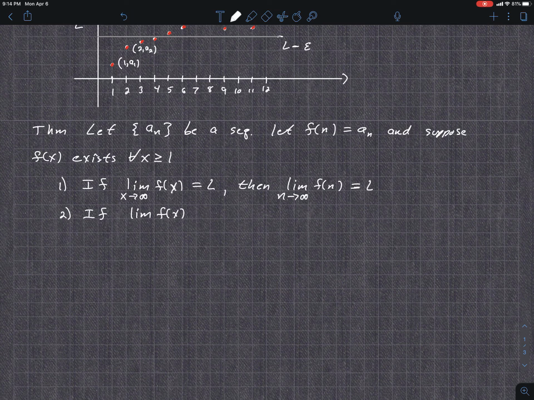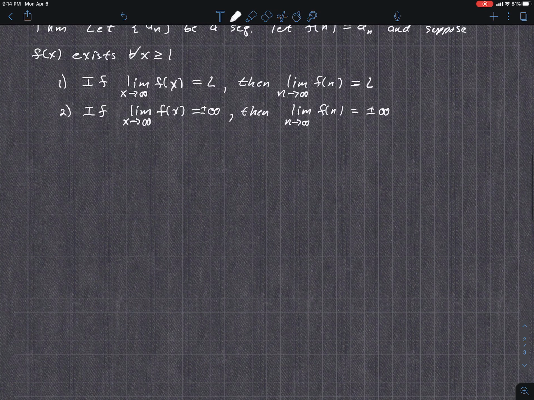If the limit of f of x as x approaches infinity equals plus or minus infinity, then so does the sequence. The limit of f of n as n approaches infinity equals plus or minus infinity. They match. It's not like minus plus or anything. They actually match.